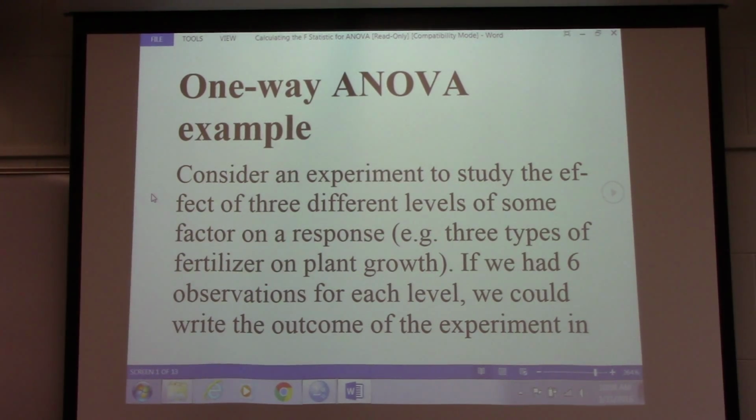Not only do I not want to go through the labor of 10 different t-tests, every time I run one, when I set that alpha at 0.05, I'm saying I'm willing to draw an incorrect conclusion 5% of the time.